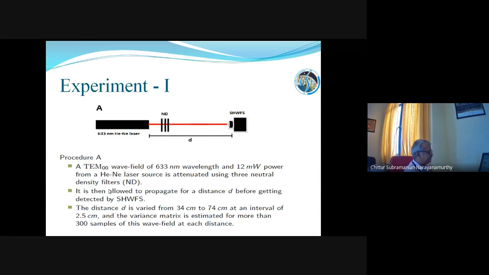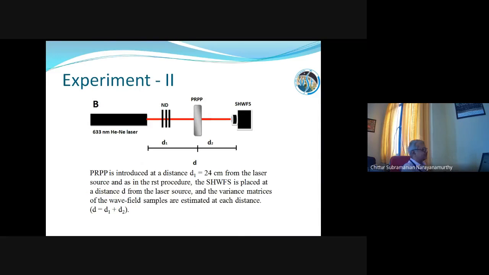What we have done is measure about every 2.5 centimeters. From the laser we measured more than 300 samples of turbulence. After that, we introduced the pseudo random phase plate (PRP) with different speeds. We can assume these are various distances.